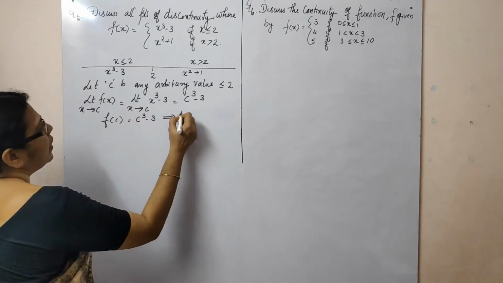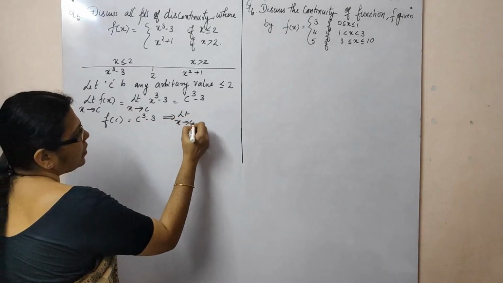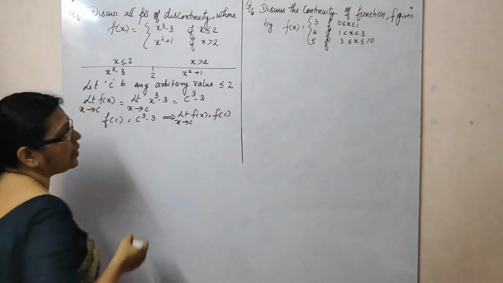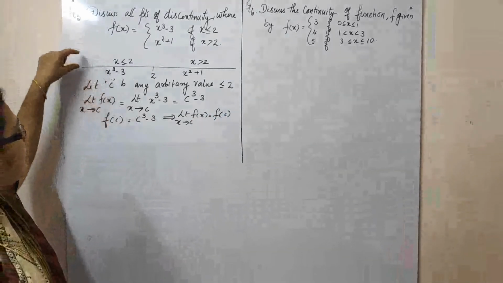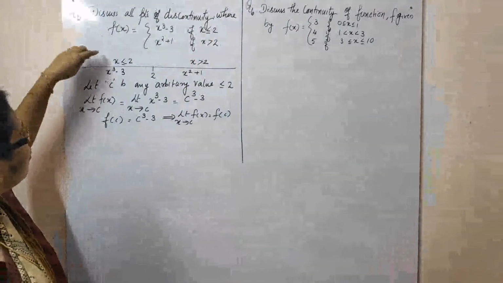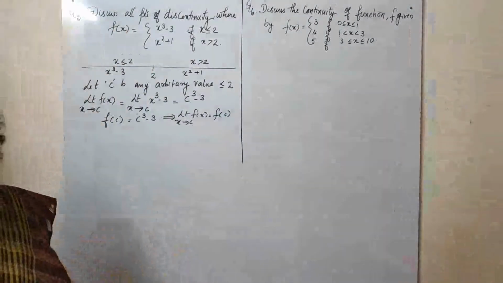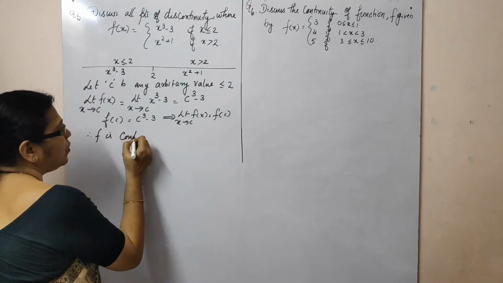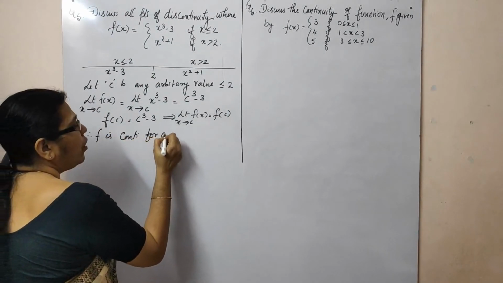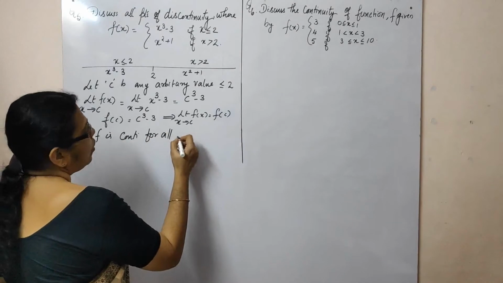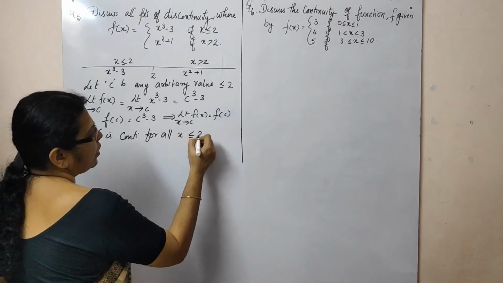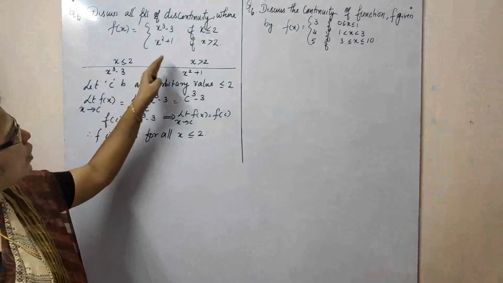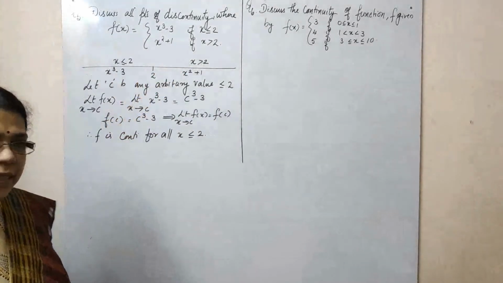This implies limit x tends to C f of x is equal to f of C, and hence f is continuous in this interval. Therefore, f is continuous for all x less than or equal to 2. Now, checking for all values of x greater than 2.